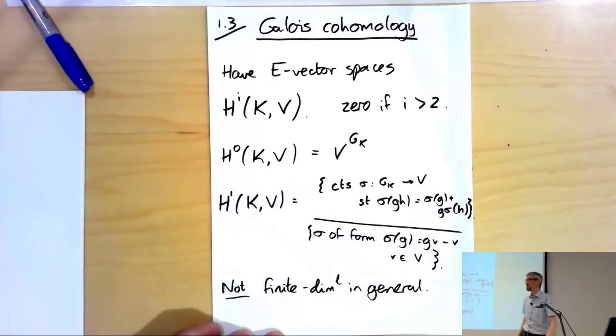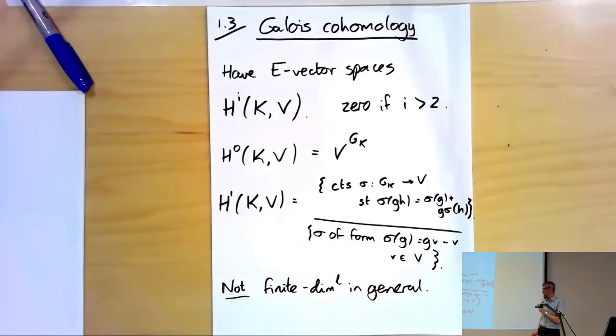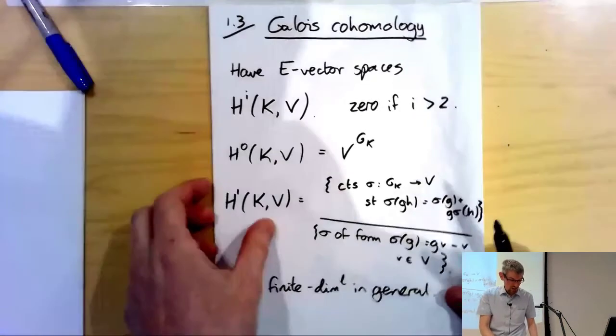So these groups have lots of nice properties, but they are not, in general, finite dimensional. For a number field K, the cohomology is simply too big. And just to give you an explicit example of how that comes up, you can see it using the Kummer map.